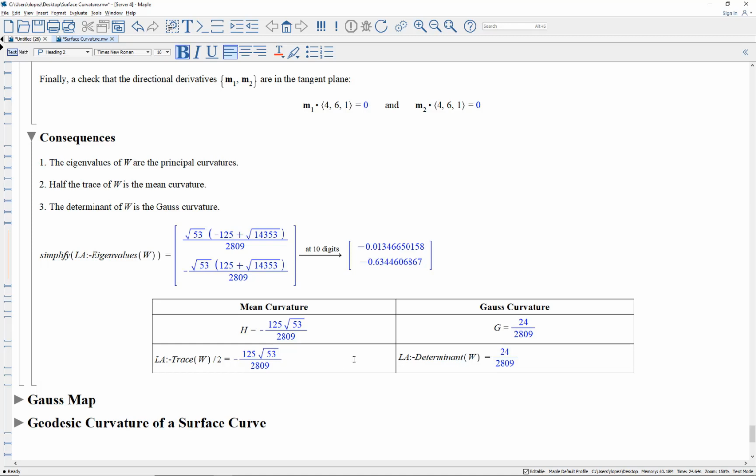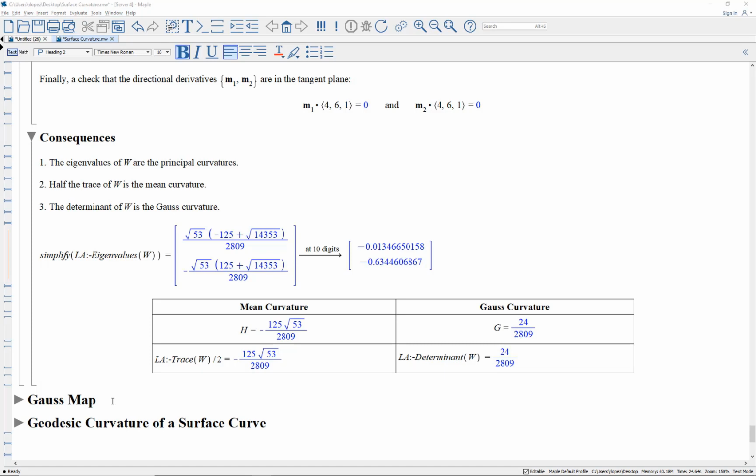So if you understand that shape operator business and can get those directional derivatives, you can extract the principal curvatures, mean and Gauss curvatures more efficiently than the older way, which was to get curves and get that curvature, etc.